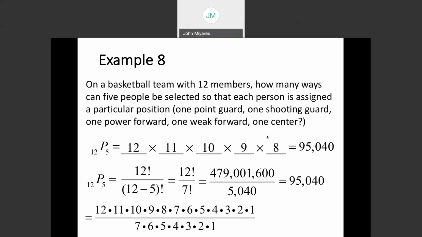If I want to cancel some common factors here after expanding out the full product, we can see that everything from the number 7 going down to the number 1 in the numerator will cancel with everything in the denominator, giving us what we had when we were using the slot method: 12 times 11 times 10 times 9 times 8.